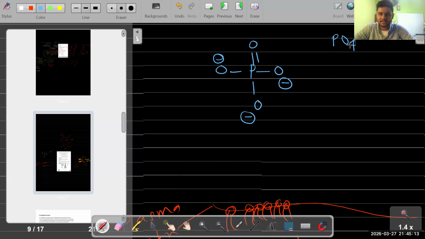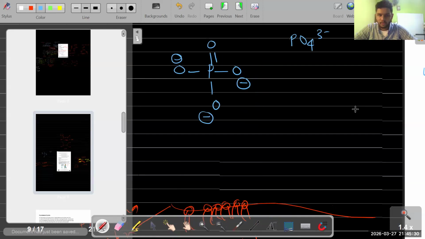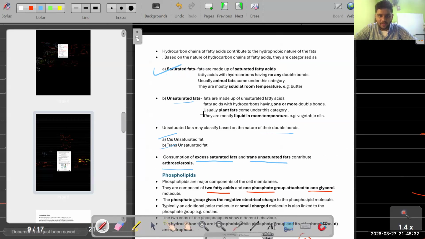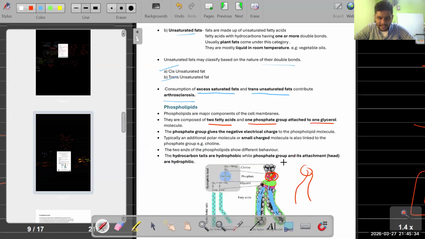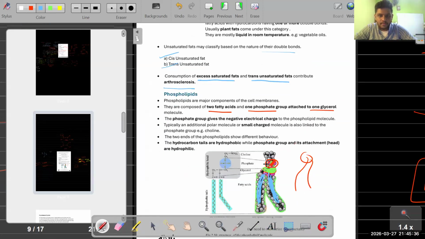So we know that phosphorus, this is the formula and this is the charge. We are fine with that. Are all the students fine with that? Yes, sir. Okay, fine then. We can move on. So can you understand phosphate group is the one that gives a negative charge because PO4 3 minus.